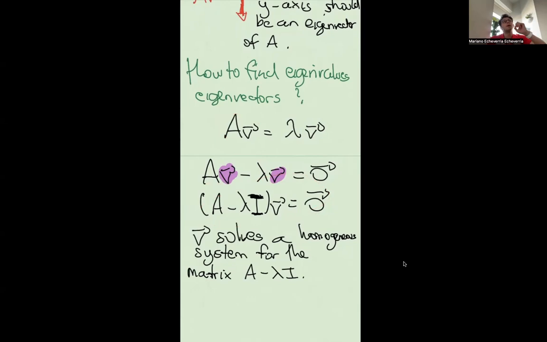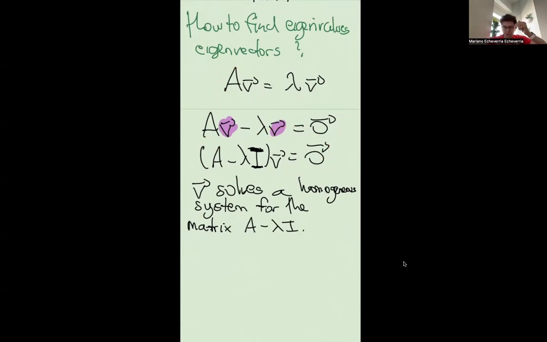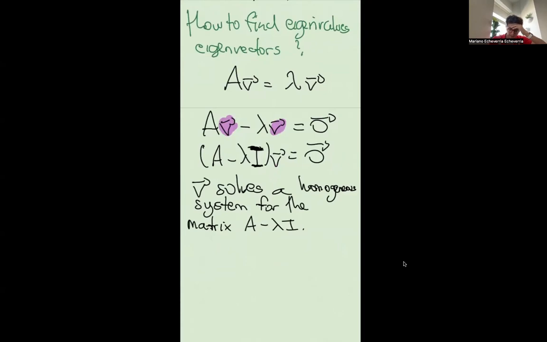We want a solution to the homogeneous system which is not the trivial solution. Remember, a homogeneous system has only two possibilities. It has either a unique solution, and if it's a unique solution, that's the only chance, it has to be v equals 0. Or it can have infinite solutions.